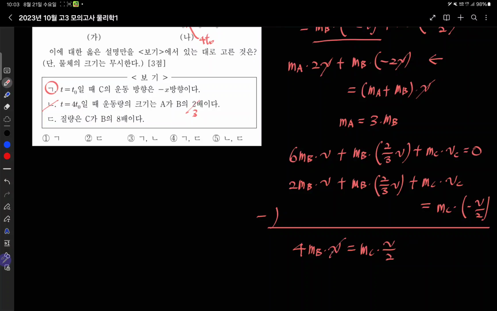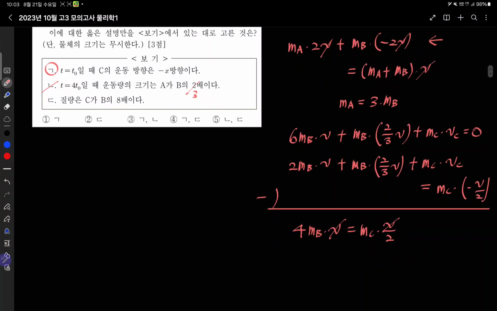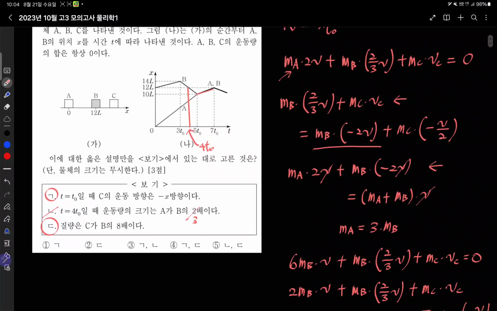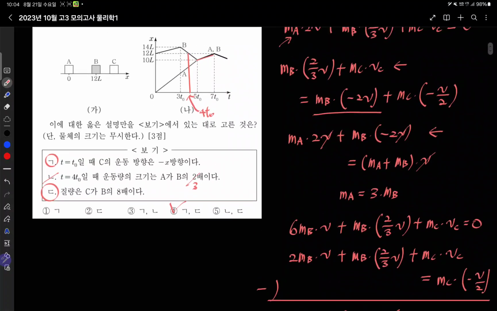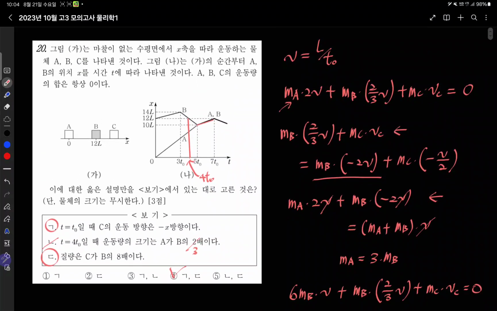So after canceling this V, mC is equal to 8 times mB. So mass of C is 8 times mass of B. So the third statement is correct. So the right answer is the fourth choice. That's it for this video, and thanks for watching.